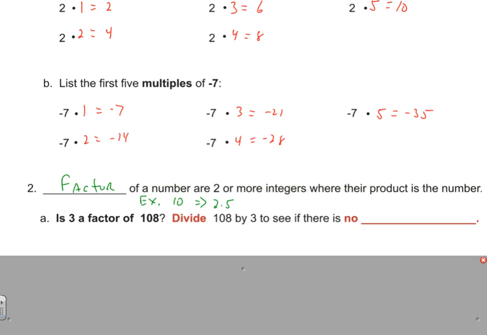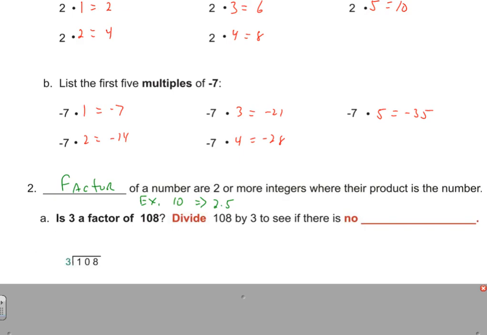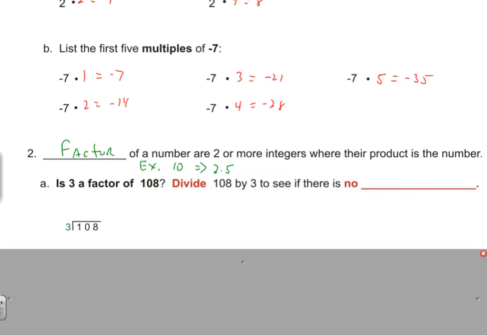Okay? All right, so here's a question. Is 3 a factor of 108? Well, you can divide 108 by 3 to see if there's no remainder. What are we saying when we say there's no remainder? We're really saying that 3 evenly divides into 108.